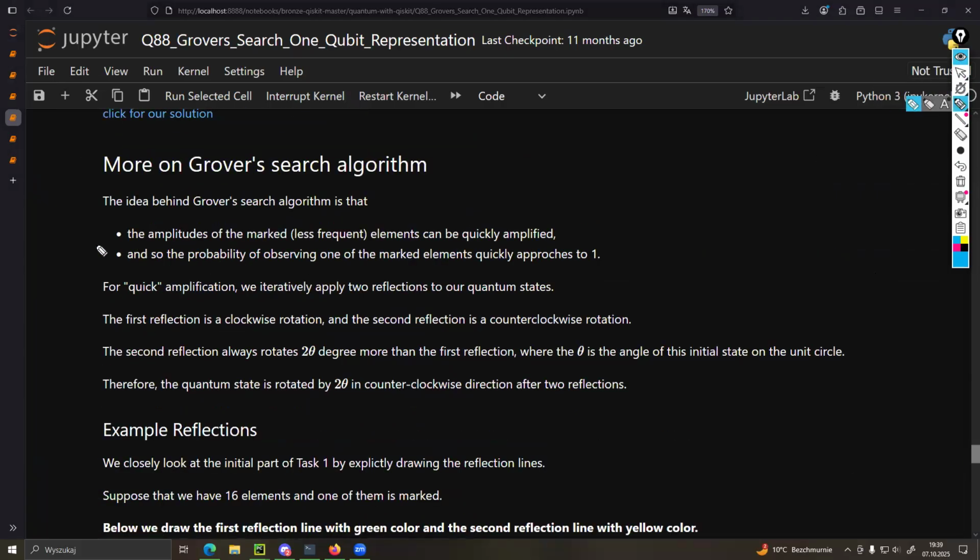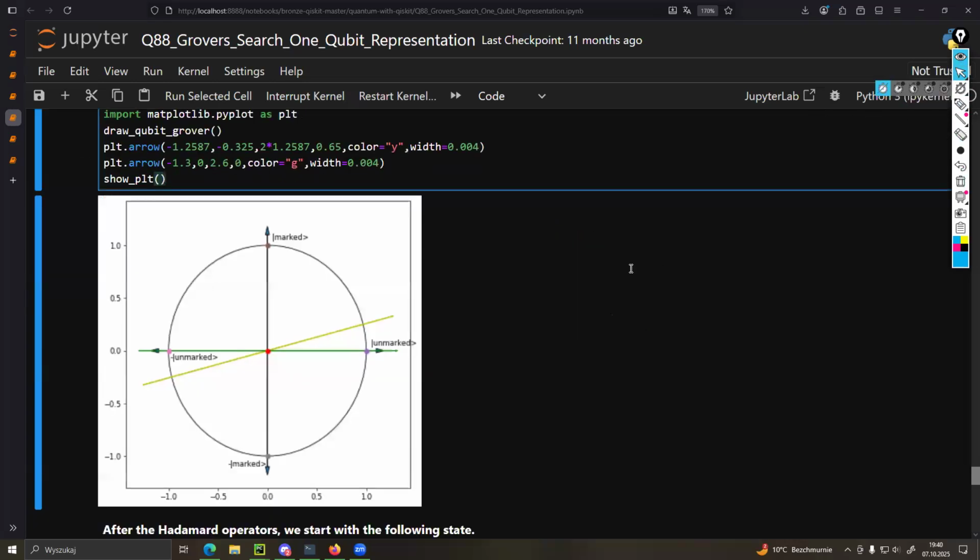Yeah, so what we can see here is the explanation for how to represent it geometrically. So in the first case, we draw the initial state.